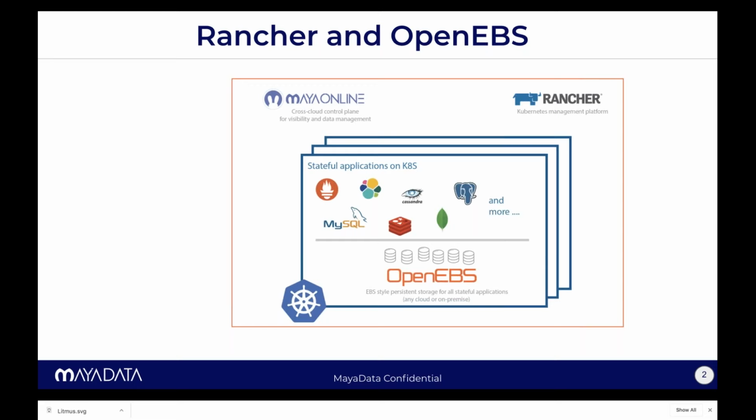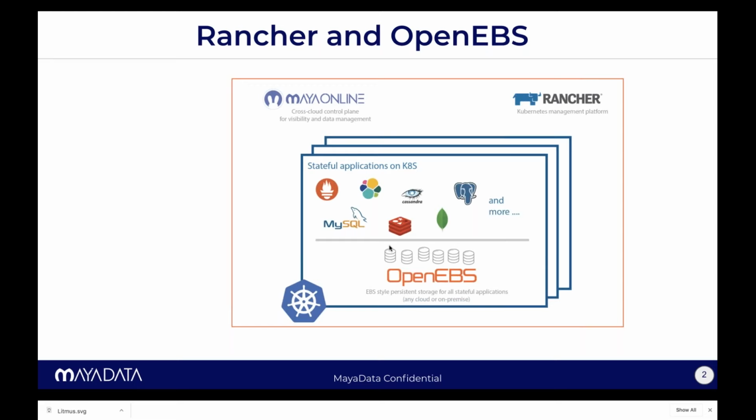As you can see here, Rancher is the Kubernetes management platform, and Maya Online is a cross-cloud data management platform that gives visibility at the moment, and in the near future, it will give the data migration capability from any cluster to any cluster of the data that gets managed by OpenEBS.